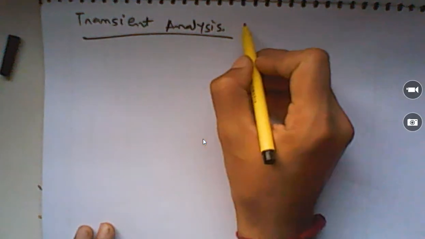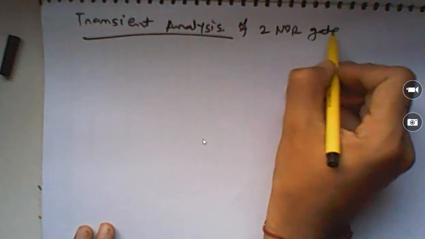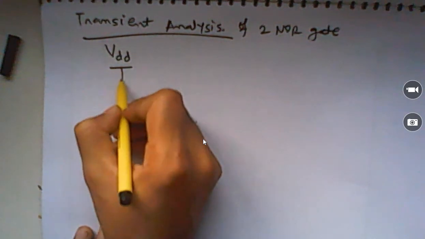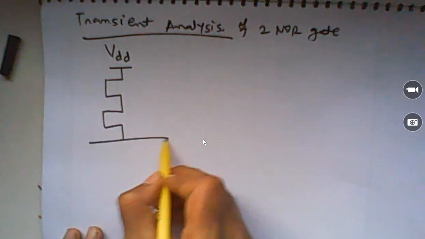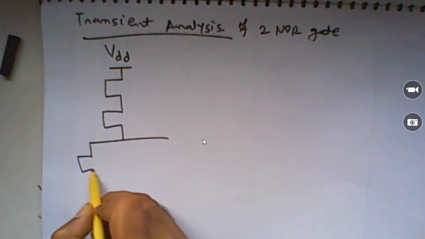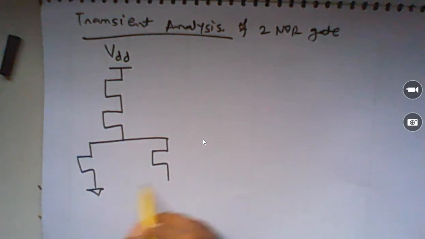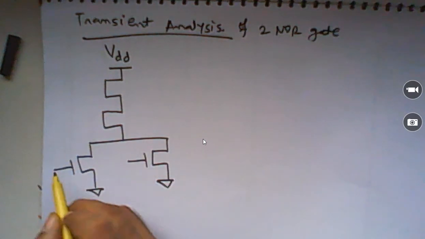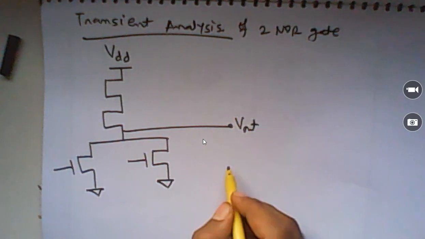So let's draw the CMOS inverter and see what the different capacitors are that come into the picture between the output node and ground.